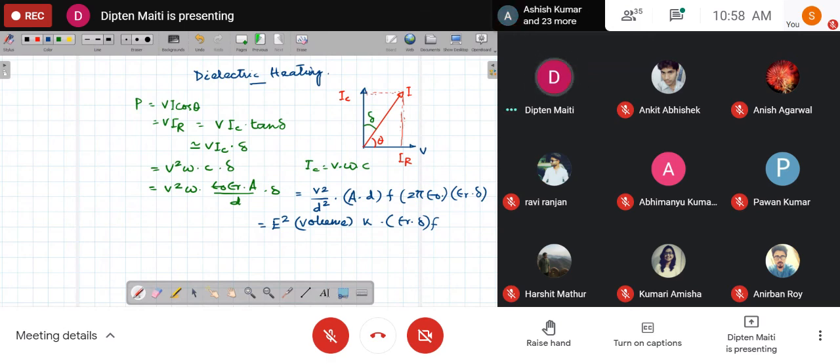Now, for selecting the frequency, we need to take into account that the frequency should not be related such that the wavelength of the applied wave is an integral multiple of the distance between the two plates. Otherwise, that frequency can create a standing wave.